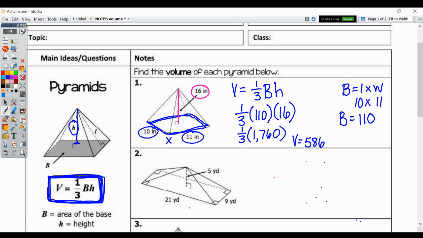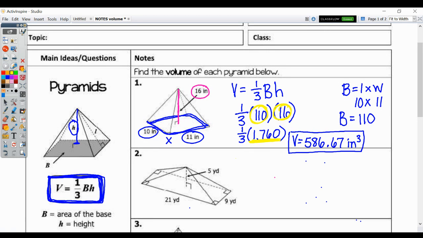And then let's just round to the hundredth. So let's do 0.67. And just like last time with volume, you're going to have inches cubed. So that would be my final answer. I'm going to say this one more time: you're just going to multiply these two numbers, and then whatever you get, just divide it by 3.